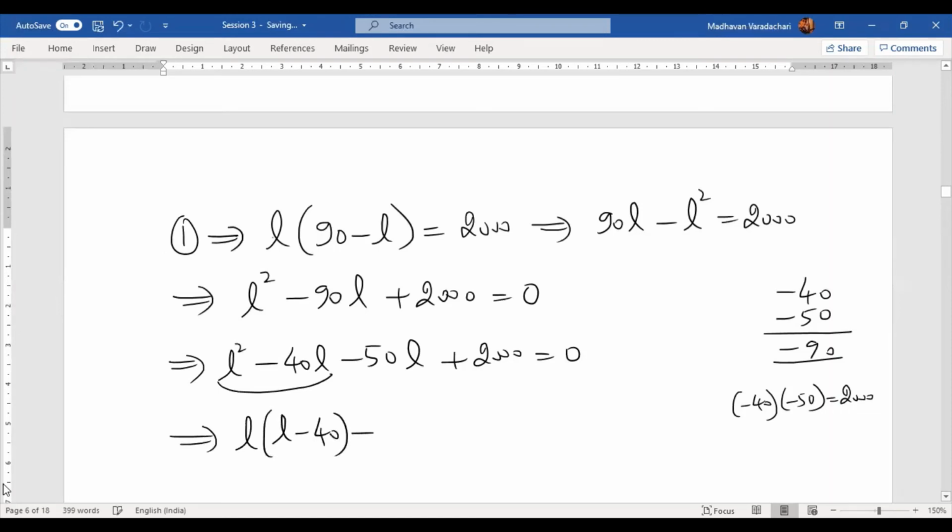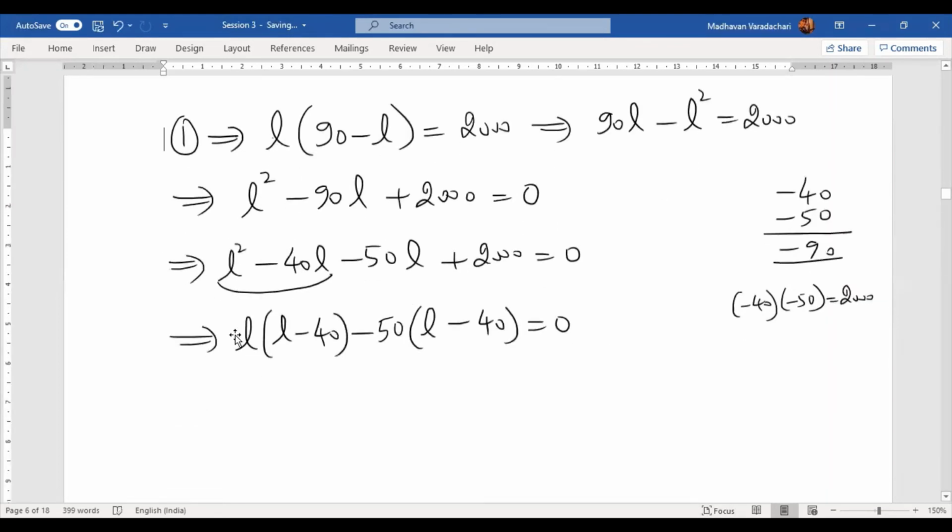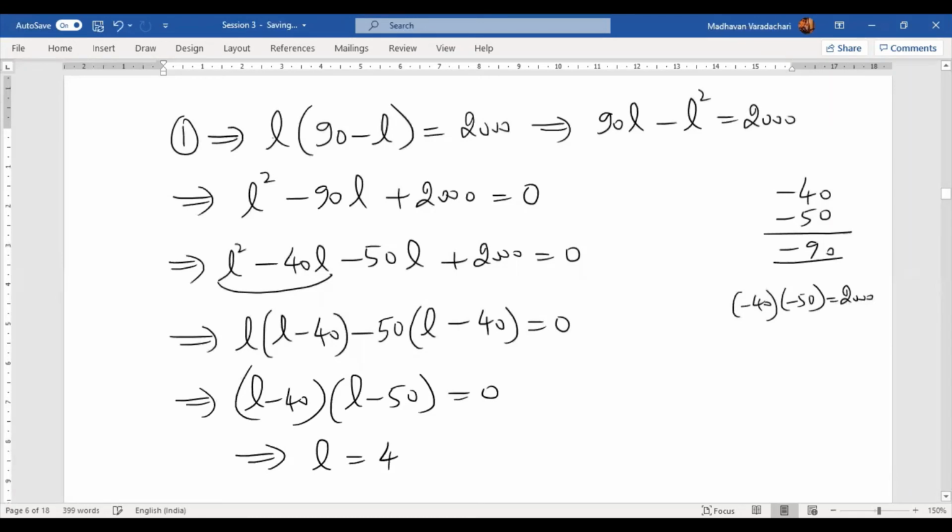And then what is common in these two? Negative 50 is common. So it becomes L minus 40 equal to 0. Now, what is common in these two? L minus 40 is common. (L minus 40)(L minus 50) equal to 0, which means our length can be either 40 or 50.